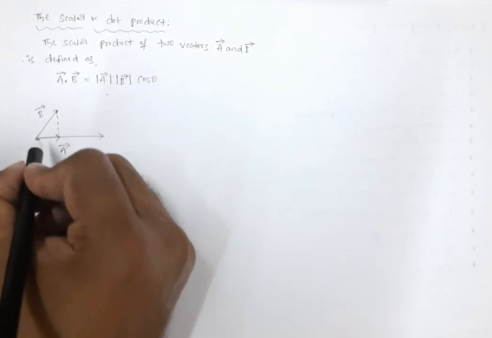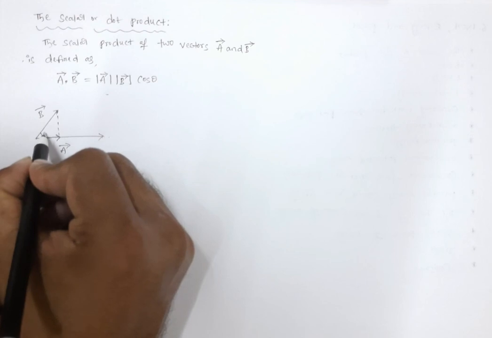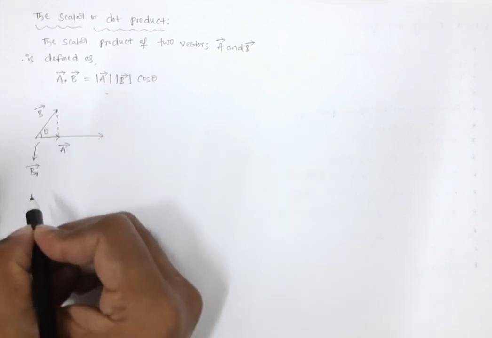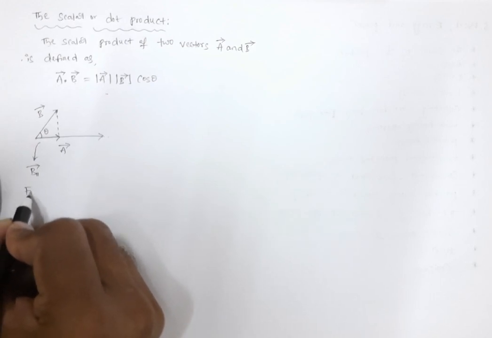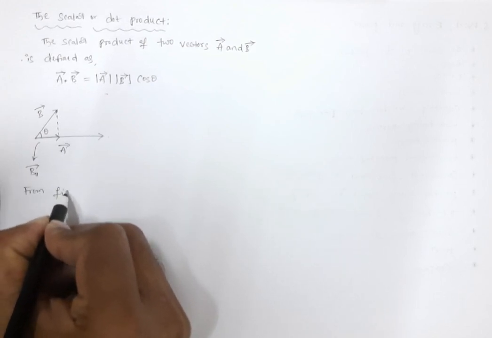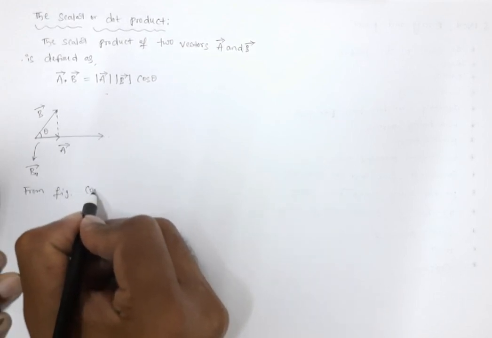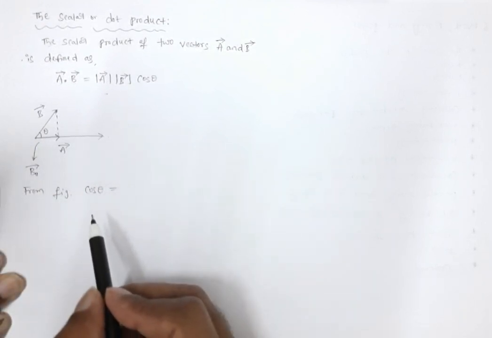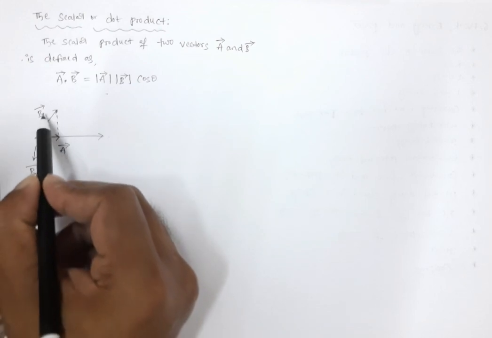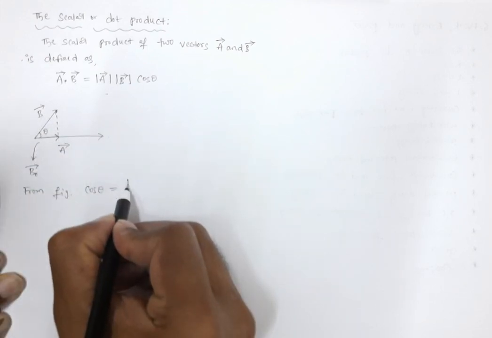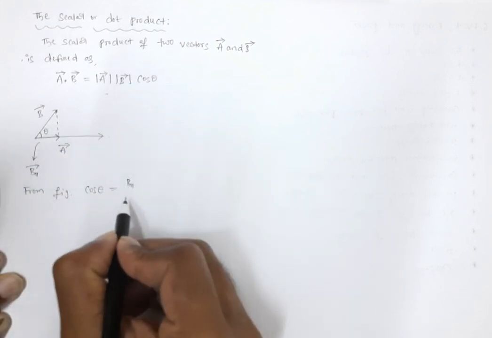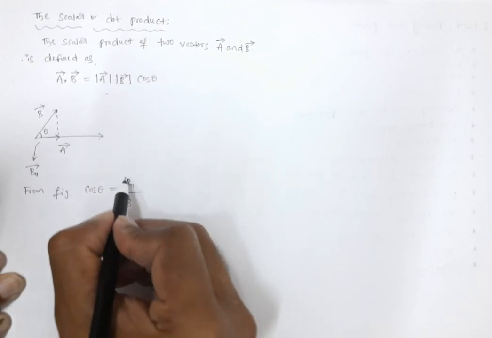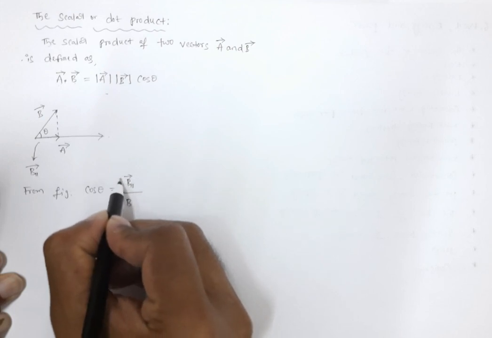Now let us see. Here B bar. So from the figure, let's say this angle is theta. So from the figure, what do we write? Cos theta is equal to adjacent side by hypotenuse. So adjacent side, we write like this, by B. Or in vector notation you are supposed to write like this.